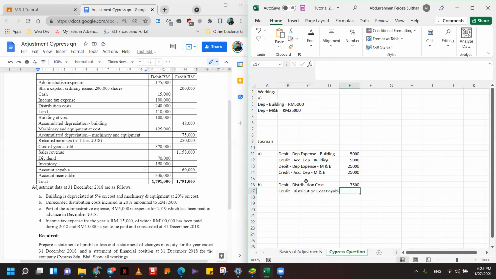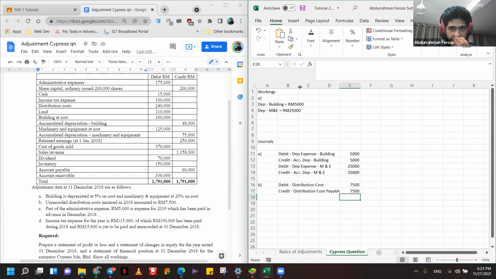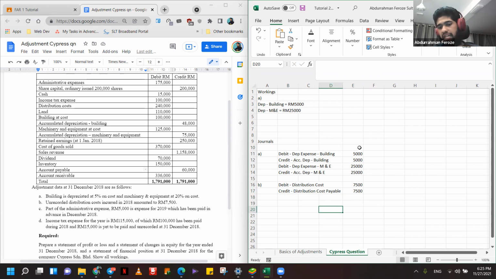So this would be a new entry into the trial balance, but the idea is just to balance them off. We could potentially put cash, but it's not very clear whether it has been paid or not. So just to be safe, we credit distribution cost payable.